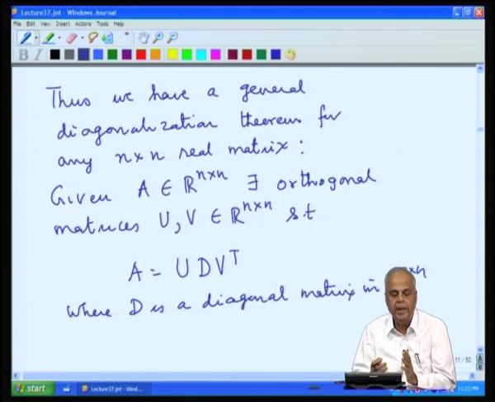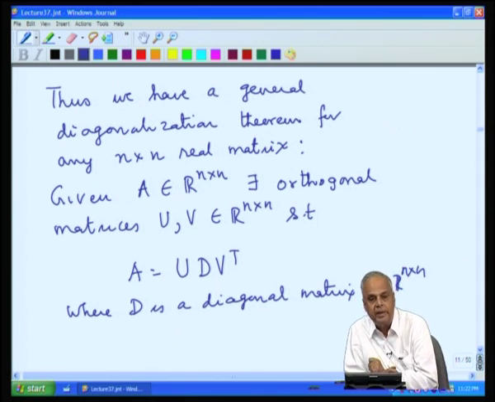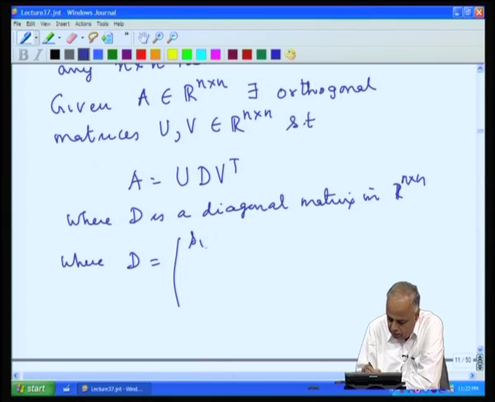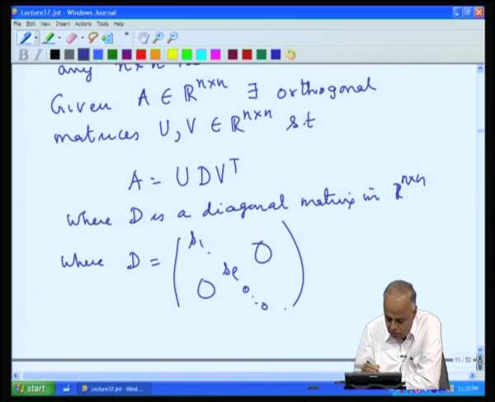The diagonal entries are now not connected with the eigenvalues, but with the singular values. Here D is the diagonal matrix S1, S2, S rho, 0, with S1, S2, S rho the singular values of A.